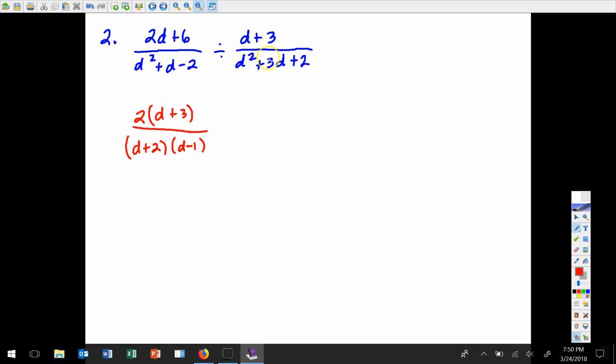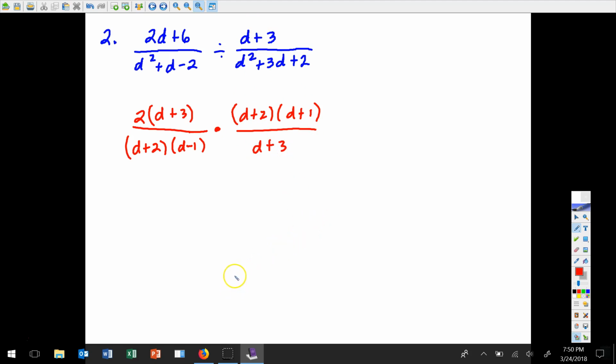And now for division, remember we always flip this second fraction and change it to multiplication. So I'm going to change it to multiply, and now I'm going to put this denominator on top in its factored form, d plus 2 times d plus 1, over what was the numerator, and it's prime, doesn't factor.